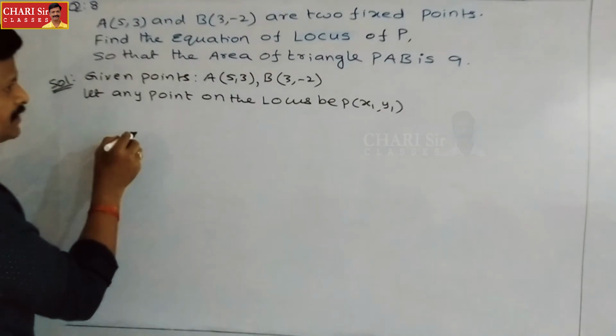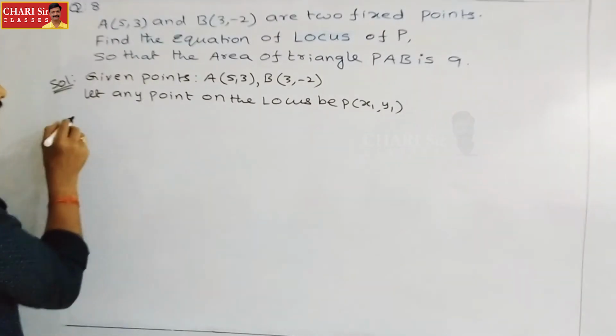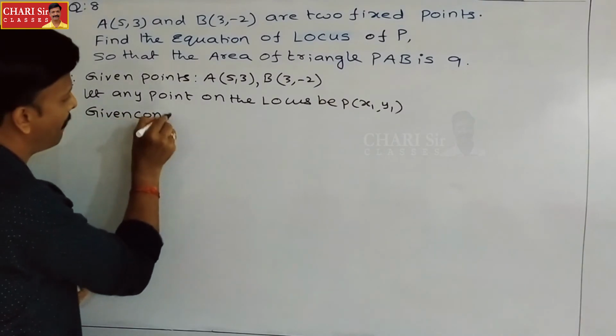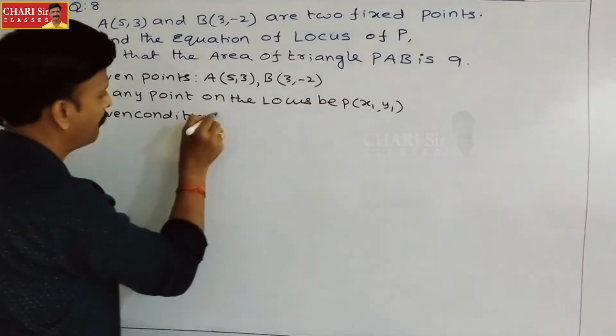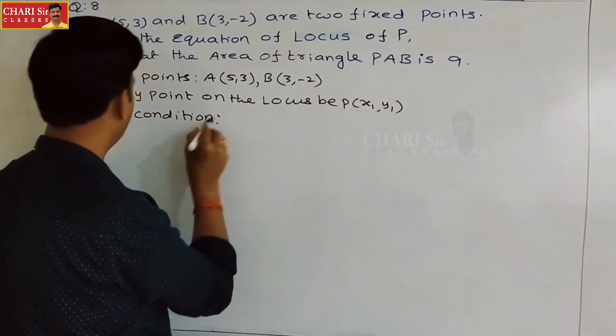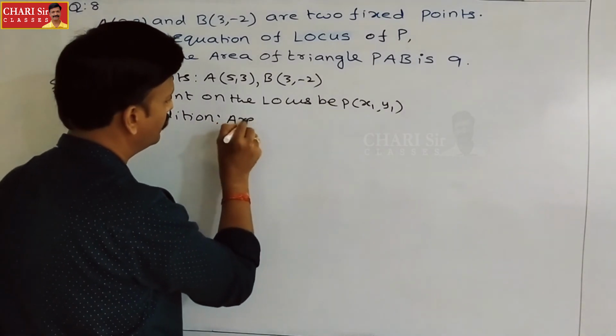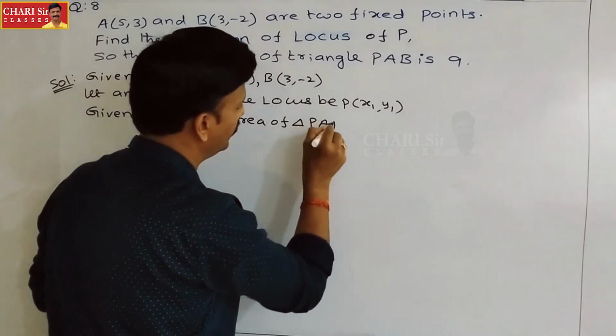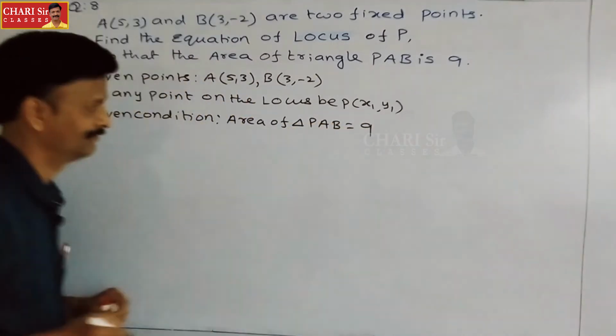So just try to write here the given condition first, then we draw the triangle. The given condition is that the area of triangle PAB is equal to 9.